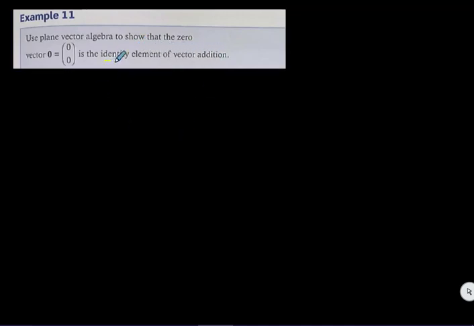What they mean by an identity is that under addition, we get the same thing back. So to show that it is the identity, vector u plus the null vector is the same as the null vector plus u, and we end up with the same vector we began with.